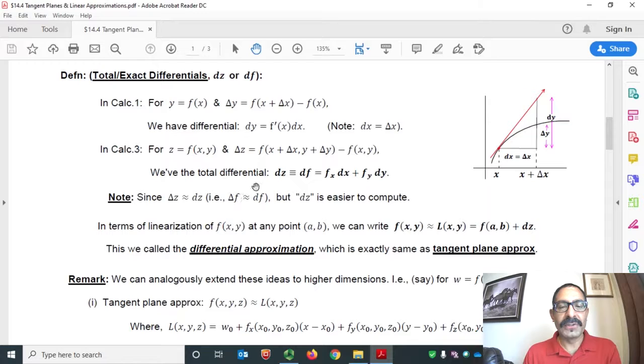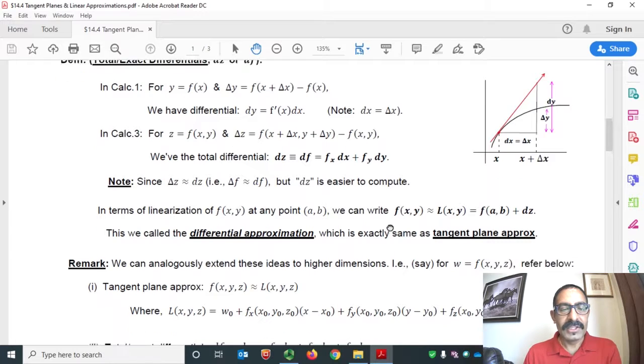Then we have the total differential dz or df equals, similar to this one here, but here I have two first partial derivatives, so fx dx plus fy dy. So these two forms look similar. Note, delta z approximates dz, but dz is way easier to compute. So dz is this expression and delta z is this expression.